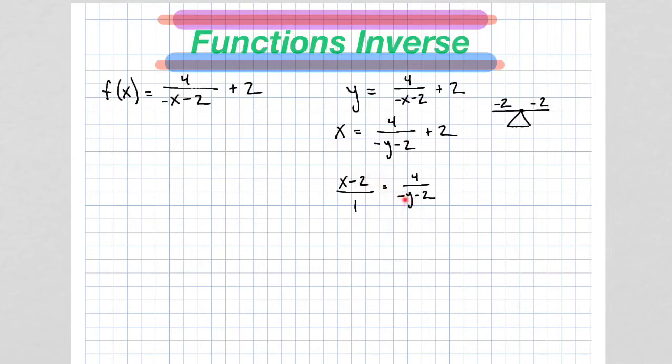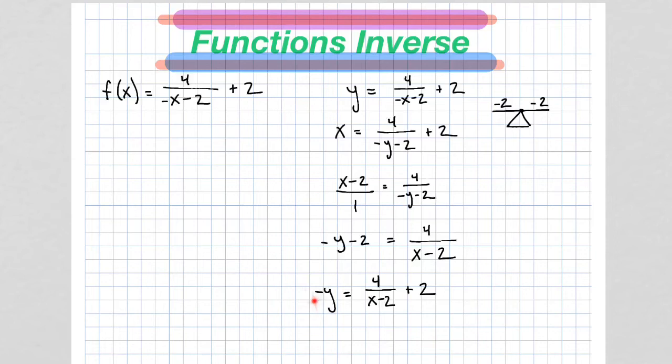Just basically swapping these across. So I have negative y minus 2 over 1, or just negative y minus 2 equals 4 over x minus 2. Okay, next I want to add 2 to both sides. So we have negative y equals 4 over x minus 2 plus 2.